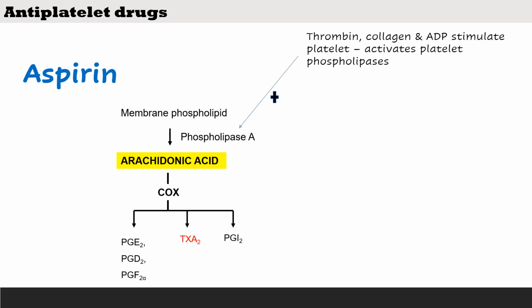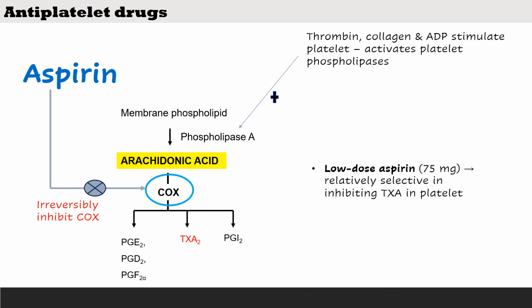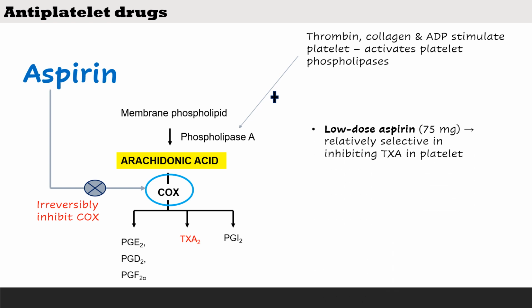So what does aspirin do to this? Aspirin will irreversibly inhibit the COX enzyme. When you inhibit COX, you have less production of thromboxane and less platelet aggregation. Aspirin is usually given in low doses to be relatively selective in inhibiting thromboxane in the platelet.